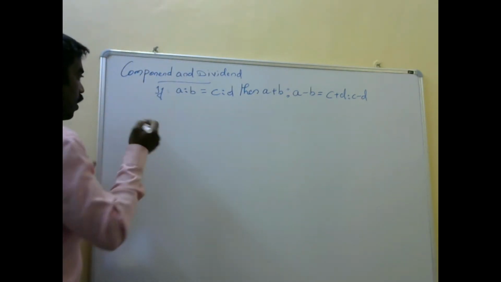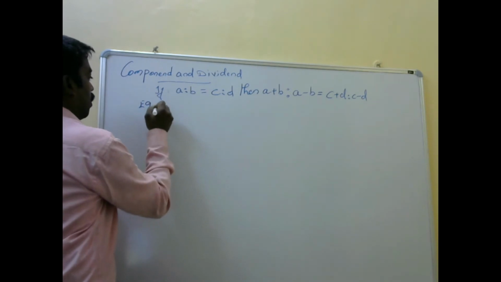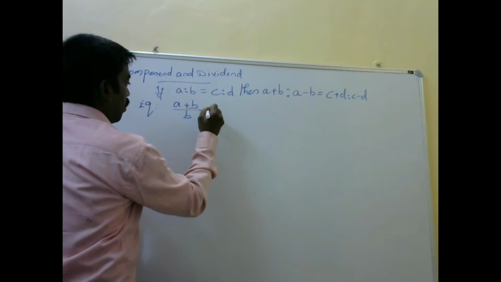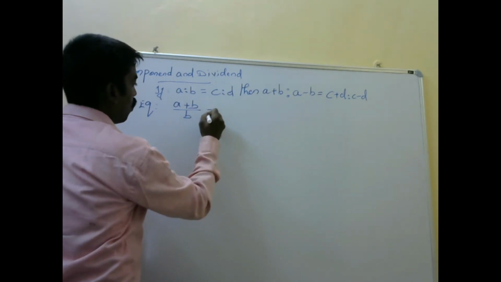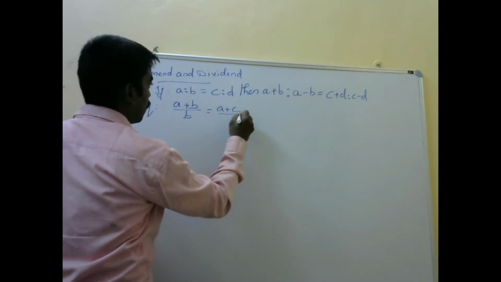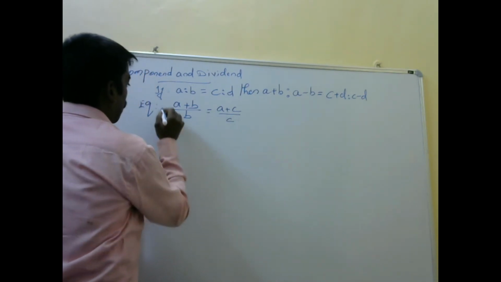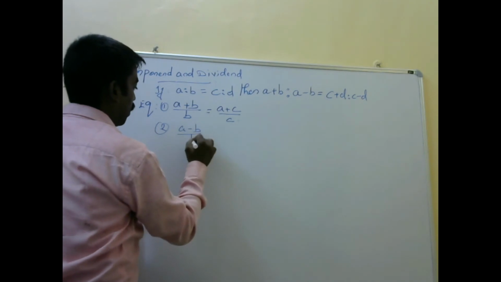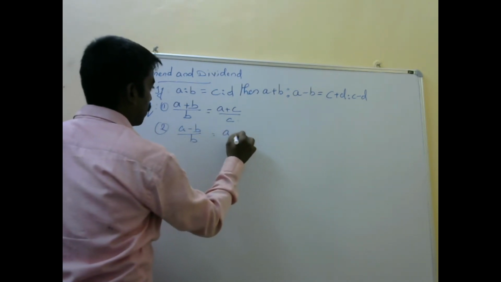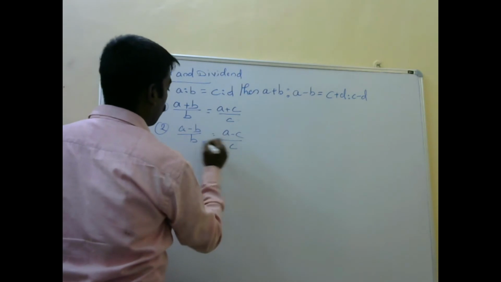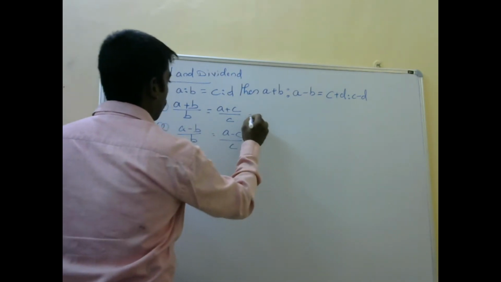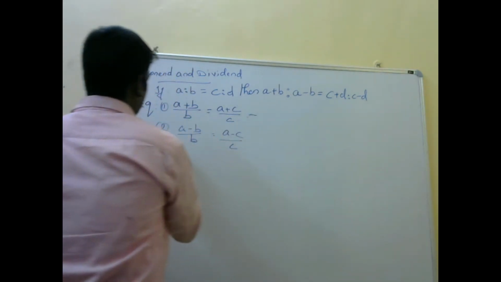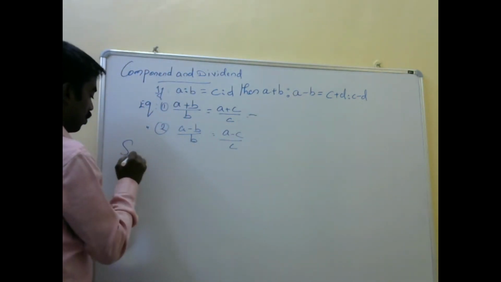So the equations are: equation 1 is A plus B divided by B is equal to C plus D divided by D. Equation 2, what you will get? A minus B divided by B is equal to C minus D divided by D. This is the equation you got. How will you write? By solving 1 and 2. This is equation 1, this is equation 2.